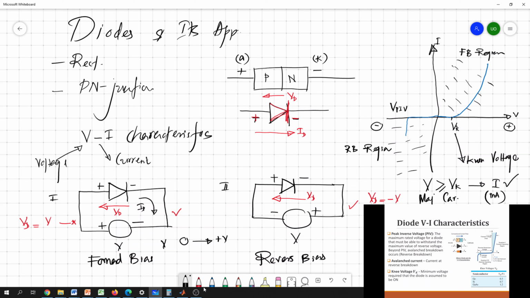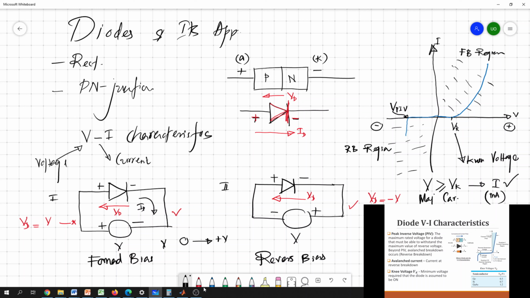This particular voltage is denoted by the term peak inverse voltage. Keep in mind, the peak inverse voltage is the reverse bias voltage, the maximum reverse bias voltage which this particular diode can tolerate.